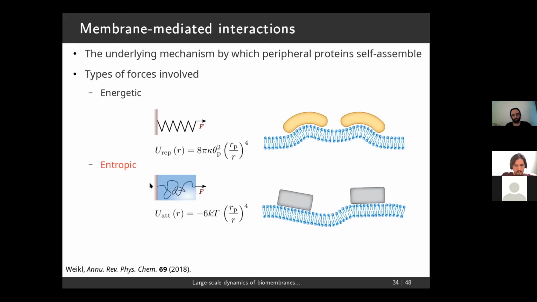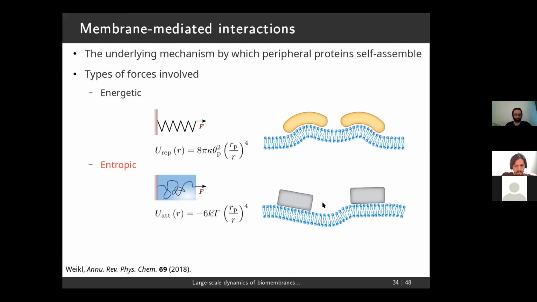On the other hand, there are forces in action from an entropic origin. So people call these thermal Casimir forces. The way that they work is that if you have inclusions or proteins that could suppress the fluctuations of the membrane, they would be pushed together to minimize the entropic expense of this suppression.